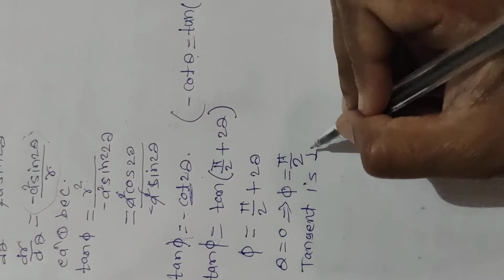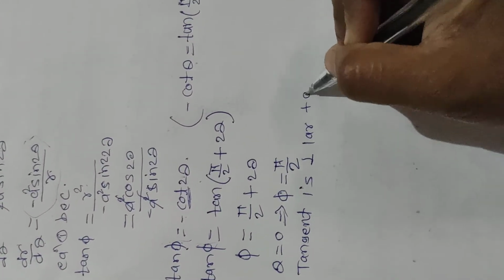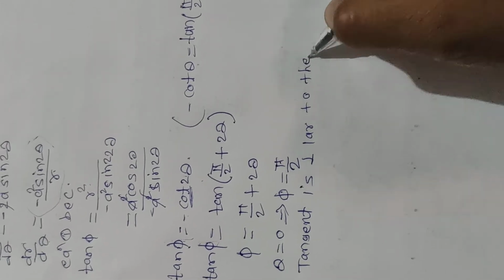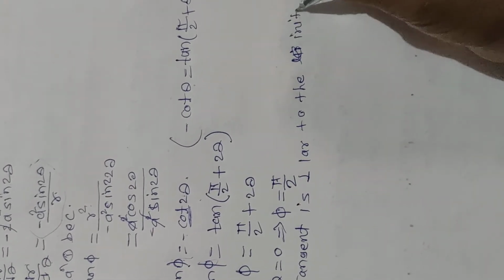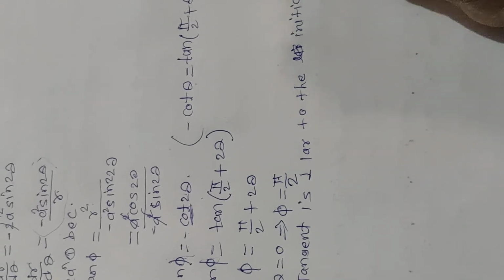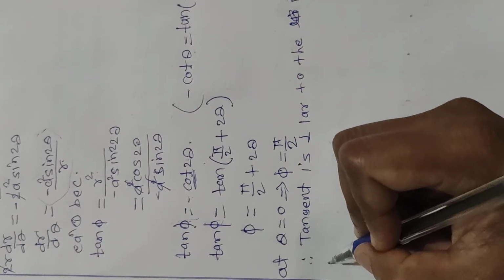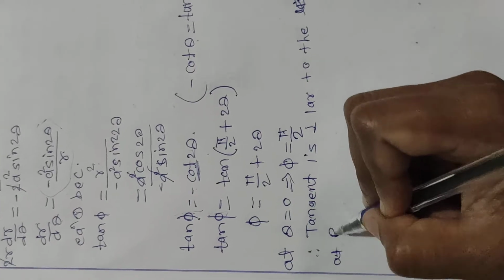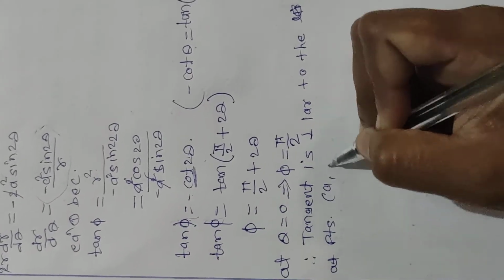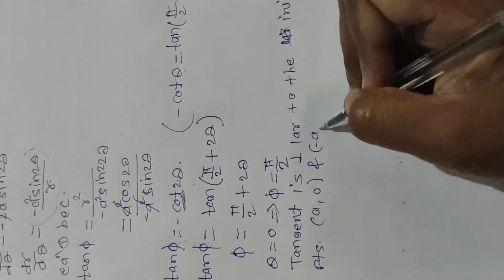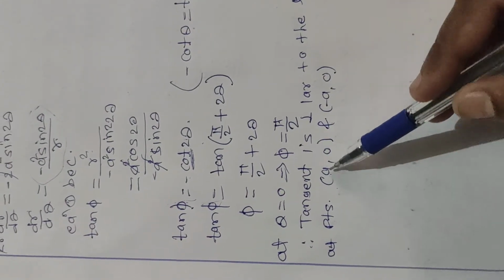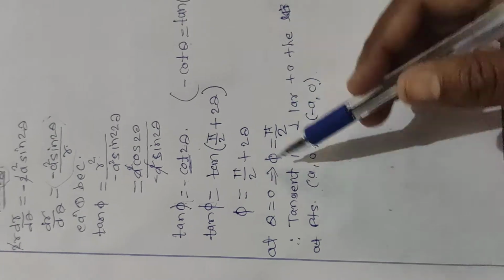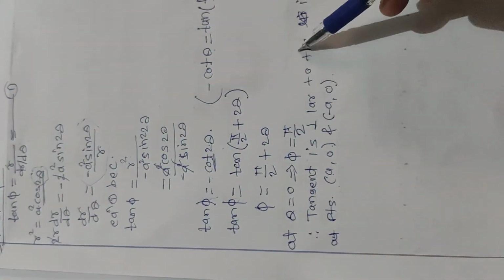That means we have to say that tangent is perpendicular to the initial line at points a comma 0 and minus a comma 0. Okay, because on the initial line there are 2 points a, 0 and minus a comma 0. So this is the conclusion of the rule 4.